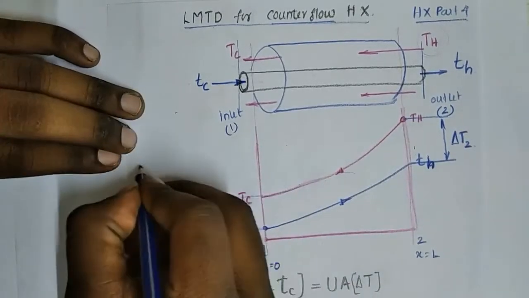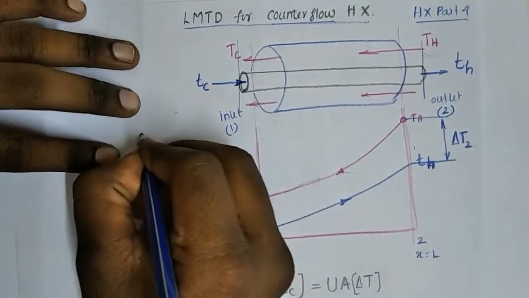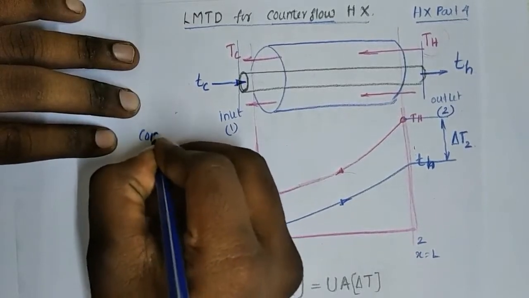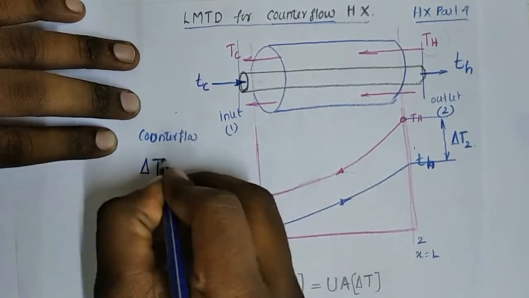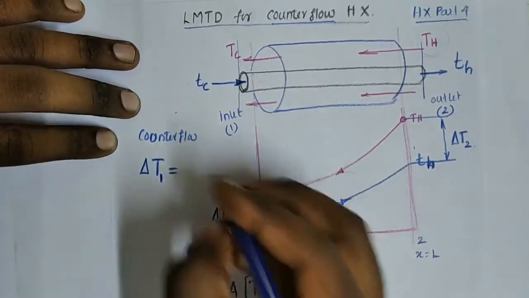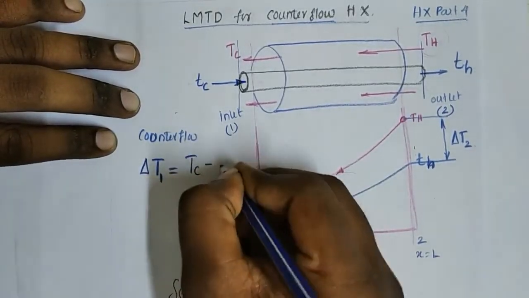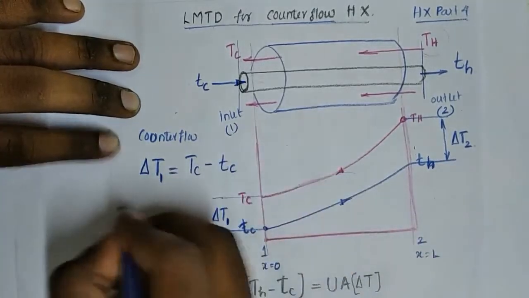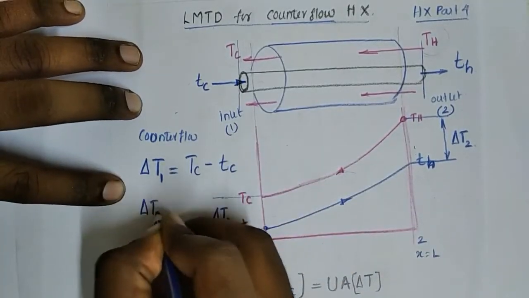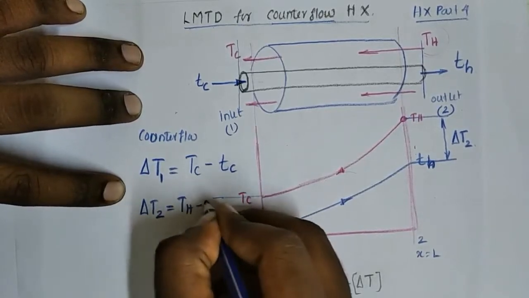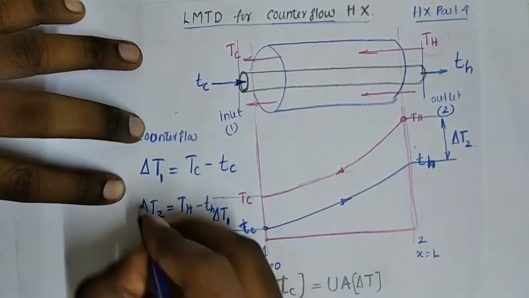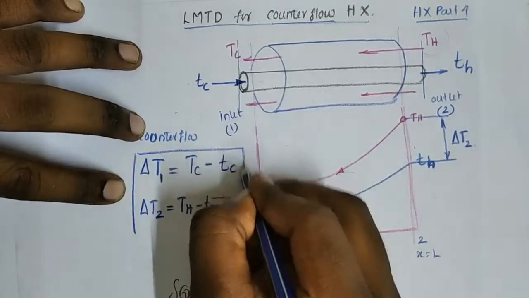Here you can see, for the case of the counterflow, delta T1 will be equal to capital TC minus small tc, while at the outlet, delta T2 is equal to capital TH minus small th. Okay, this is very important.